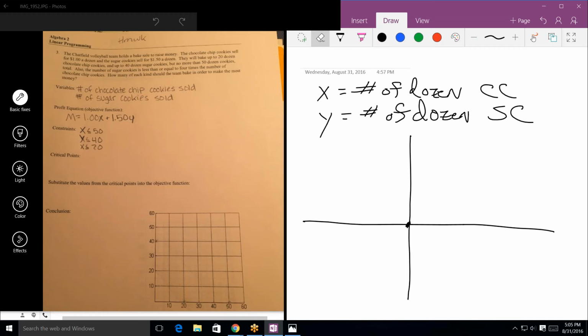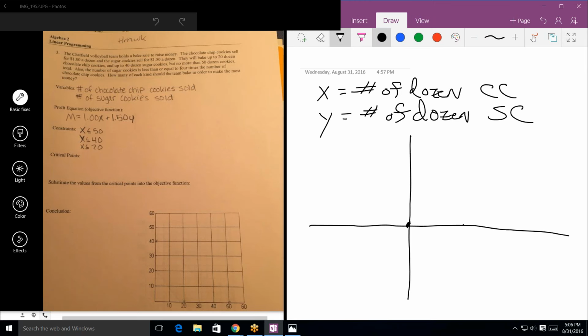So the first constraint is X has to be less than or equal to 50. Notice everything is in dozens, so I can just make that be the case.